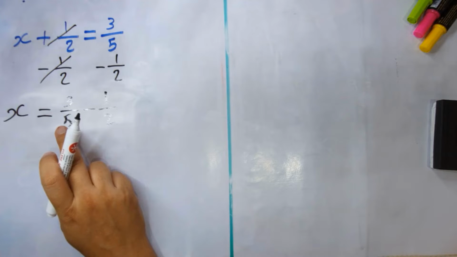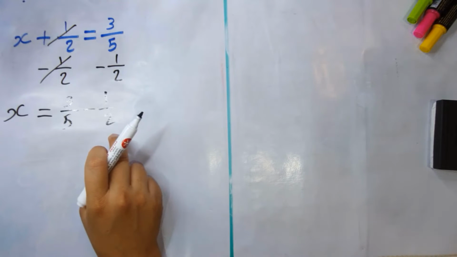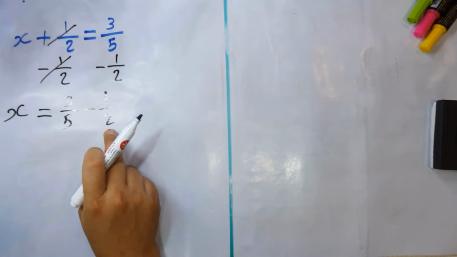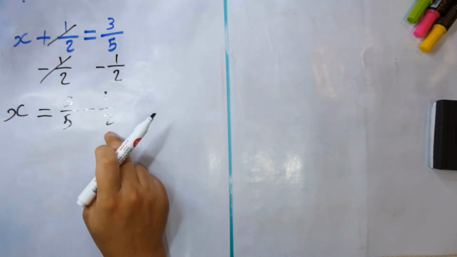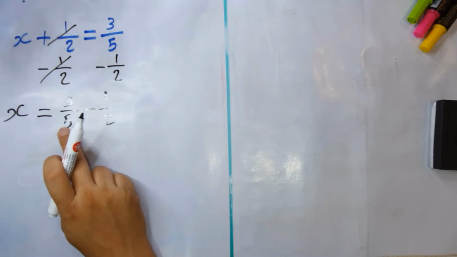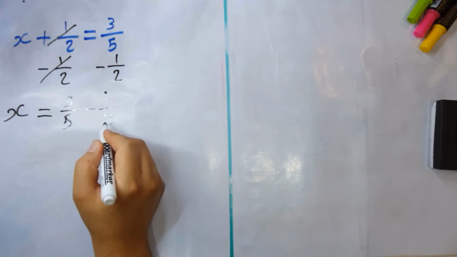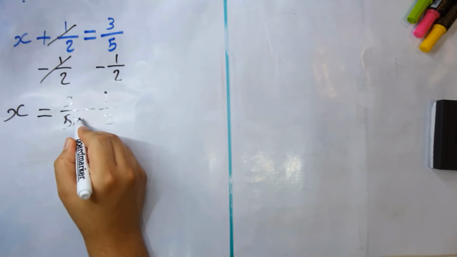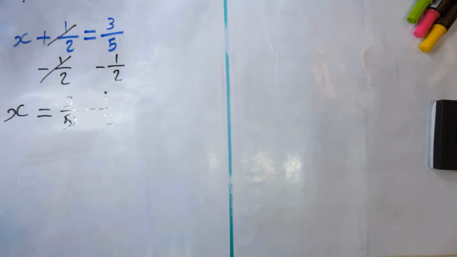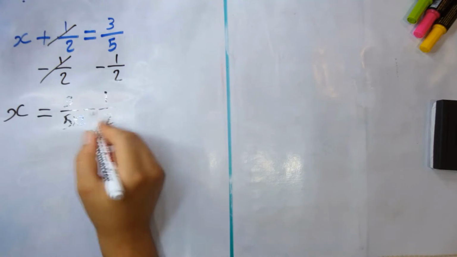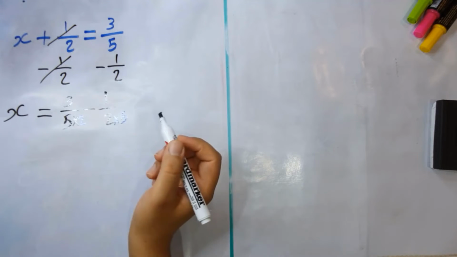Can you convert 5 to become 2? No. Can you make 2 become 5? No. No number multiplied by 2 makes it 5, or no number divided into 5 makes it 2. Then you take 2 multiplied with 5 and you take 5 multiplied with 2.